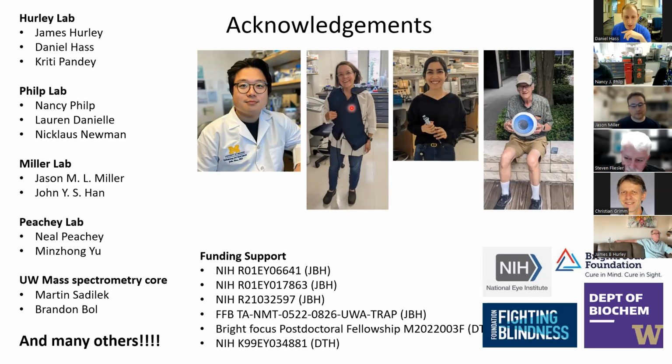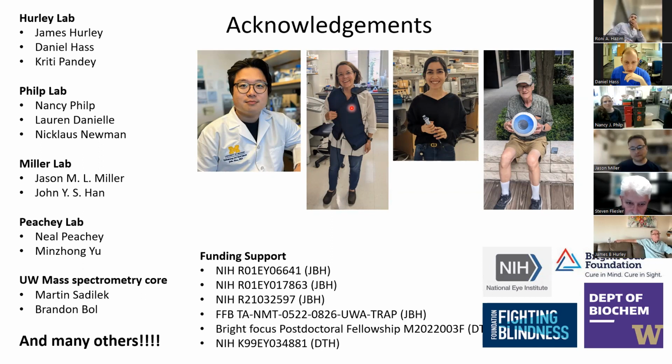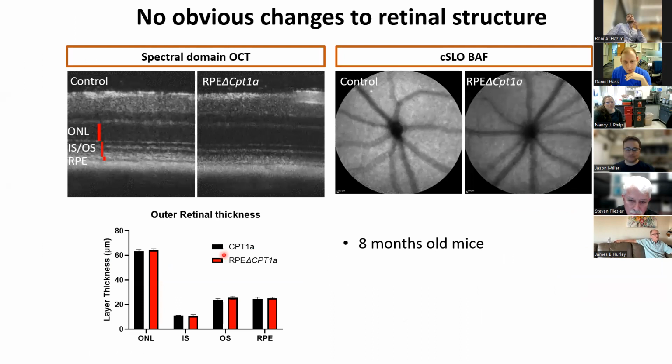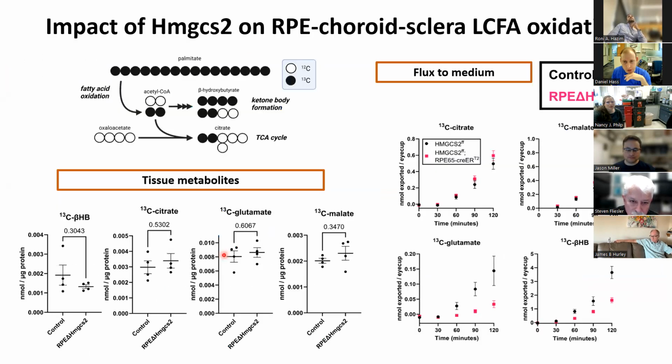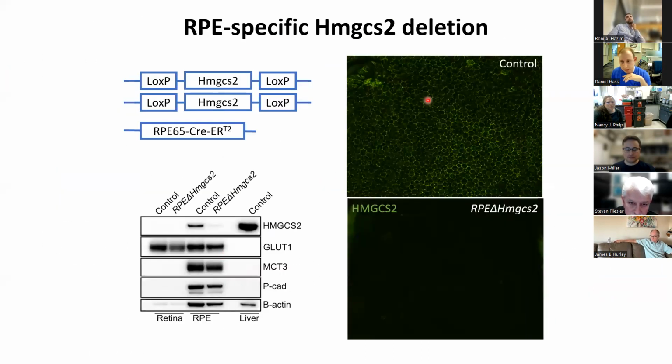Okay, I can read some questions off from the chat. Monica is asking, I'm wondering if you know why HMGCS2 is expressed in the RPE cell membrane. The pattern of expression here is almost membrane bound, right?